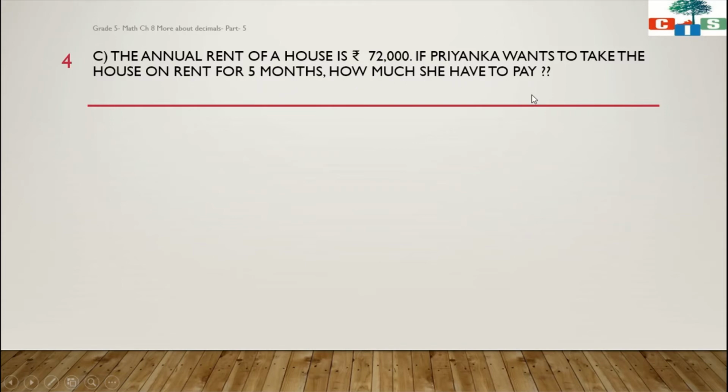So scholars, here we have to find the rent for 5 months and the rent for 12 months is given. Here we have the word annual. This annual represents 12 months because 1 year is equal to 12 months. That is, one annual year is equal to 12 months. So the rent for 12 months is rupees 72,000.